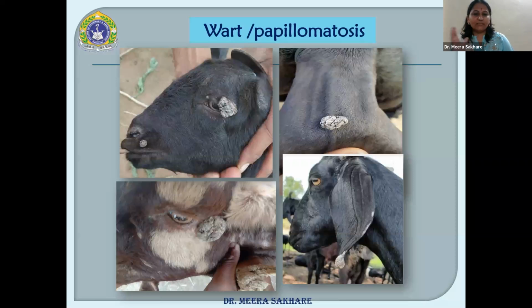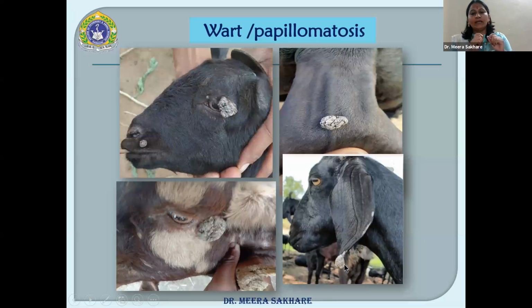But in sheep and goat, lesions are mostly restricted to the head and neck. Near the eyelid, we can see raised grayish lesions, occurring around the nostril, at the eyelid, or at the dorsal aspect of the ear pinna. Here in this photograph, we can see them at the base of the ear tip. At the base of the ear tip, typical wart lesions are there.